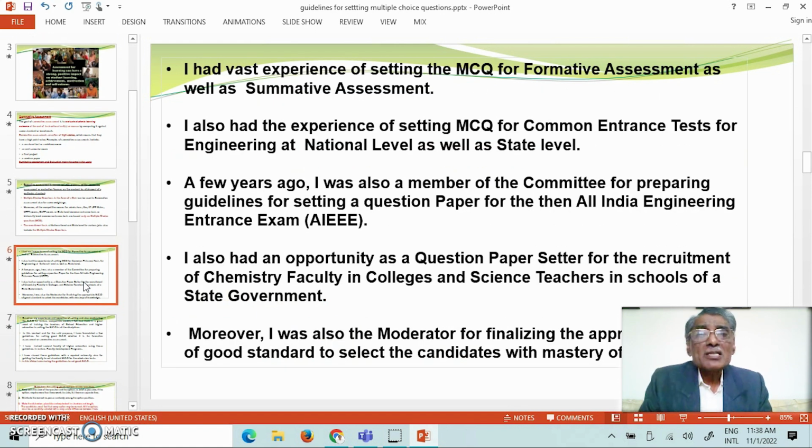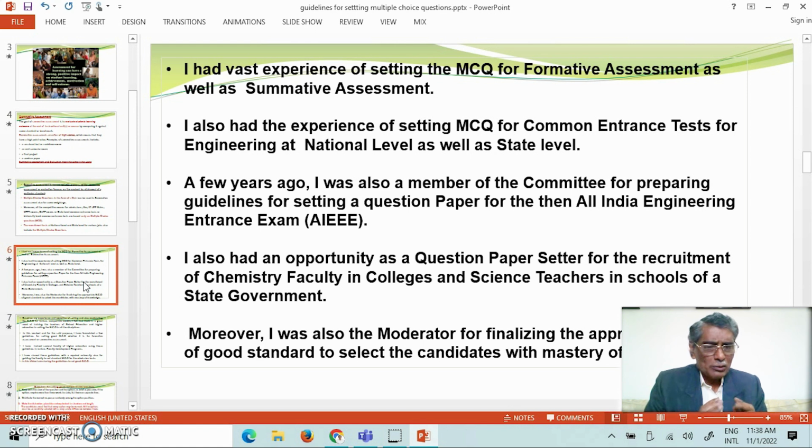I have vast experience of setting the MCQ for formative assessment in every course I have taught as well as the summative assessment. I also have the experience of setting MCQ for common entrance for engineering at national level as well as state level.